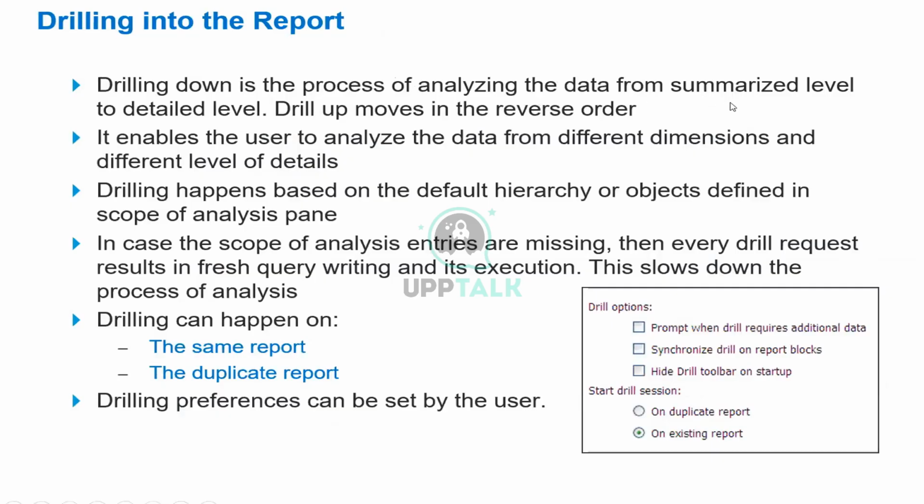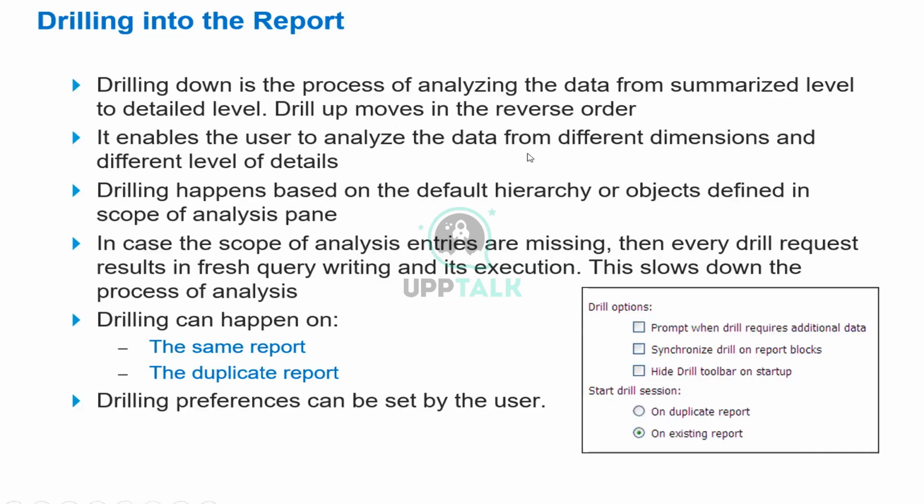Drilling down is a process of analyzing the data from summarized level, meaning high level, to detailed level, like from country to state. Drill up is the reverse of it, from low level to high level.